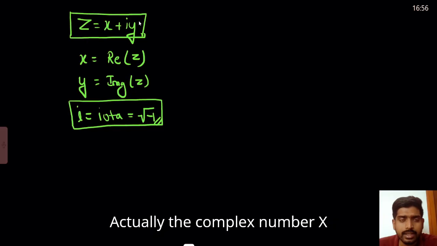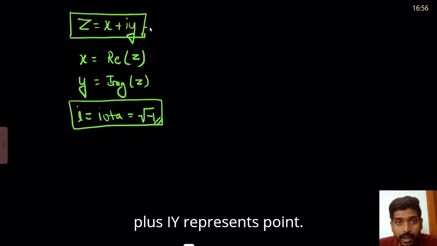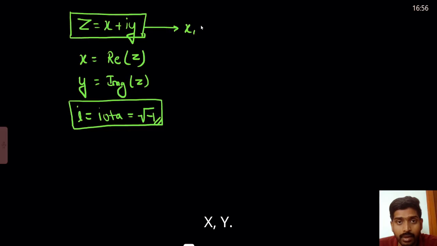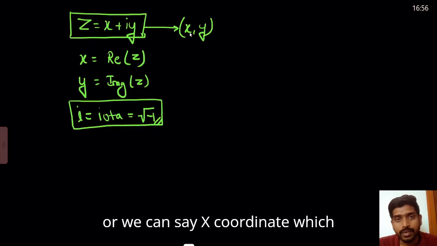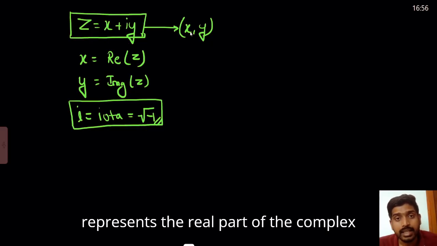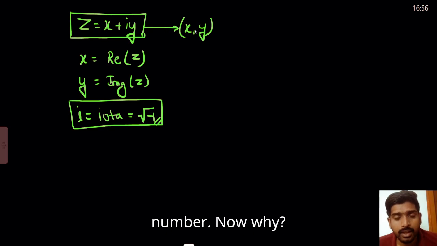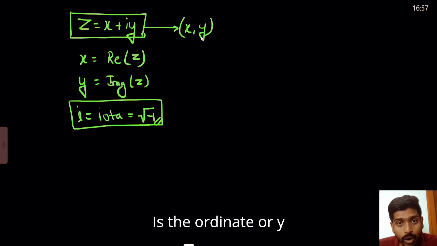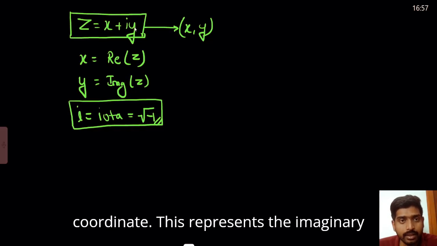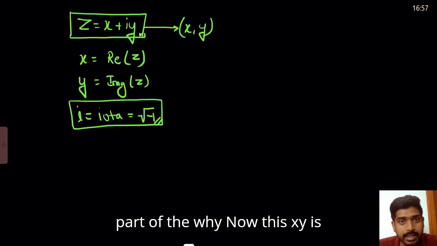Now, actually the complex number x plus iy represents a point x comma y, where x is the abscissa, or we can say x coordinate, which represents the real part of the complex number. Now y is the ordinate or y coordinate. This represents the imaginary part.